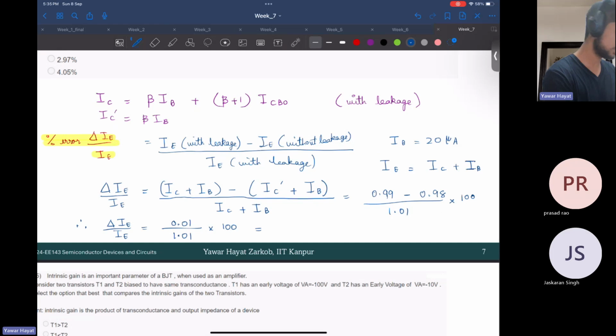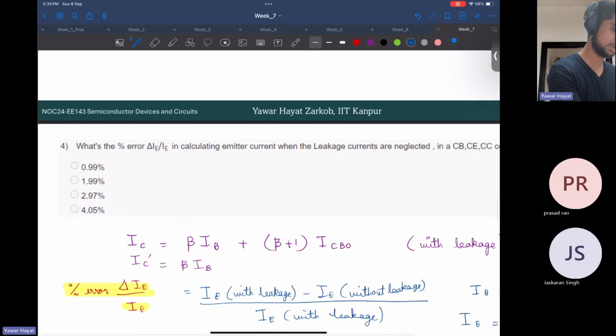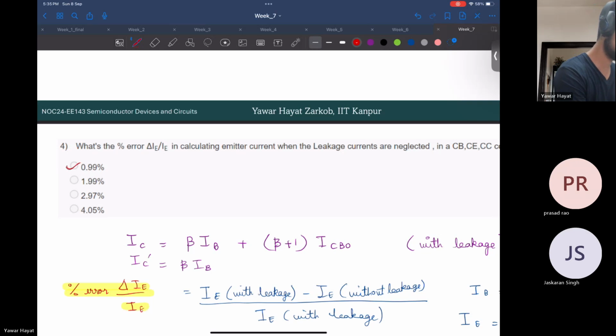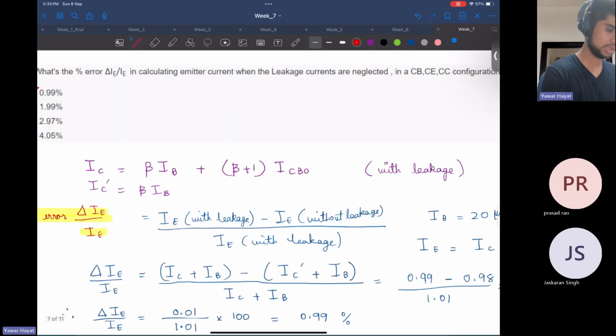That would be equal to 0.99%. Fine. So, which option is correct? Option A, right? Option A would be the correct one.